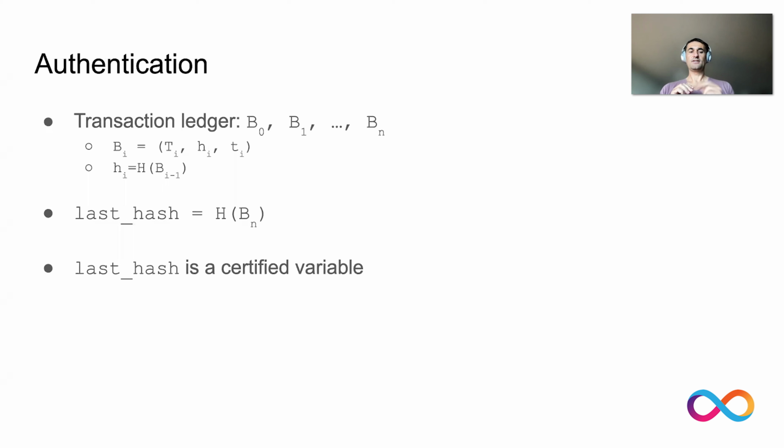So in this case, at every round, the IC signs the value of the last hash. So now, if I want to verify that the chain of blocks that I have obtained is genuine, so it is actually the blocks that are maintained by the ledger canister, it suffices to get the signature by the IC on the last hash, verify that the chaining is correct, and verify that signature on the last hash.